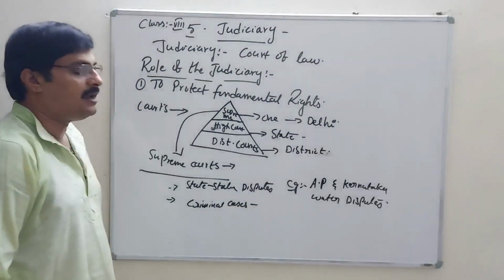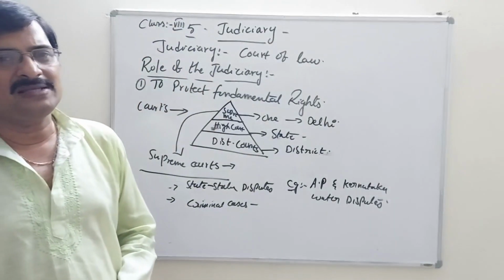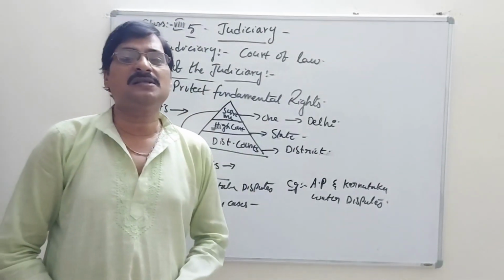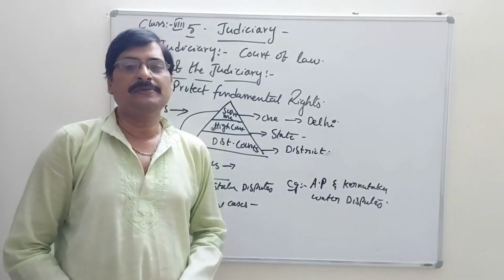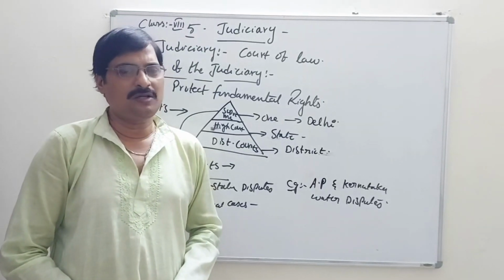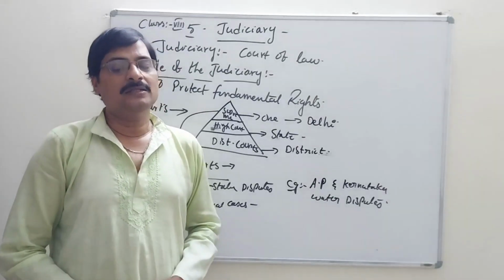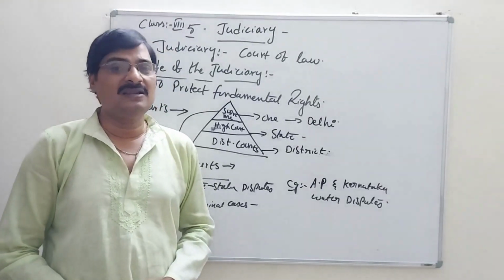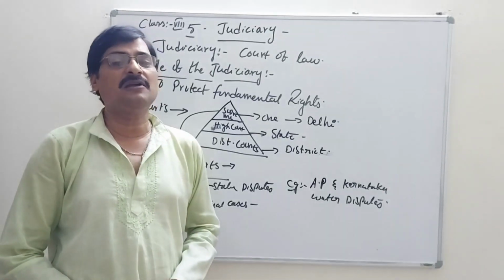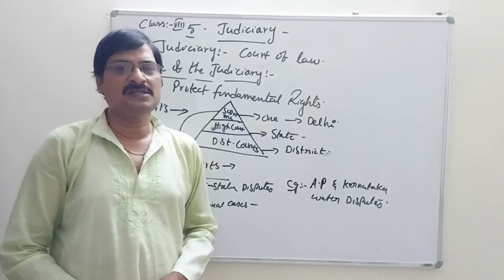The Supreme Court also handles criminal cases. What are criminal cases? Criminal cases are of two types. One is robbery, exploitation; robbery and exploitation are the same. And one more is murder cases, where any person is killed by another person.